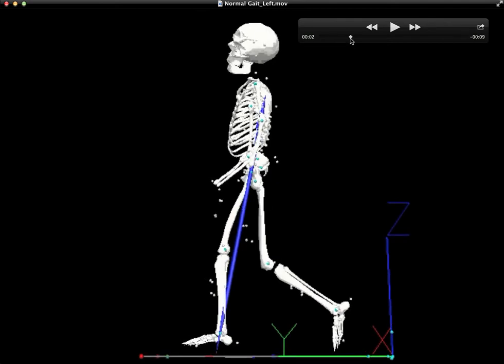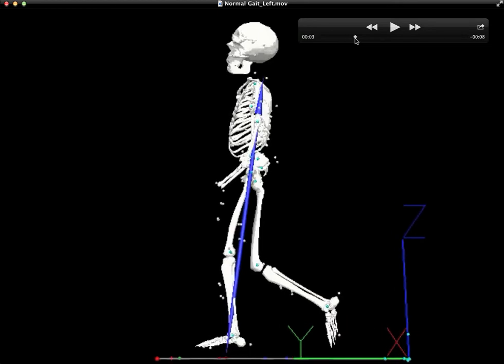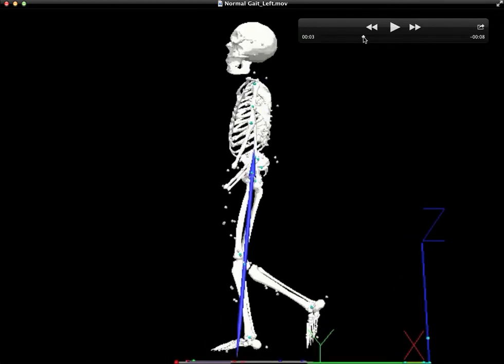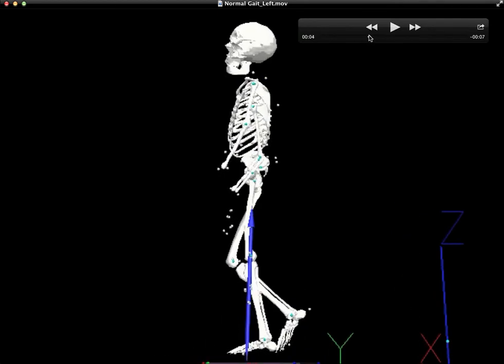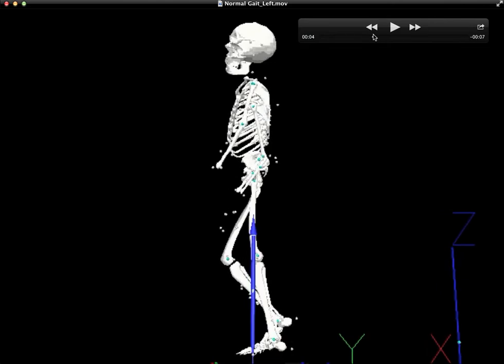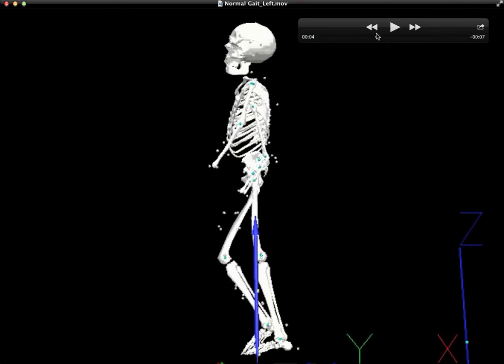Now the next point we're looking for is when the heel comes up. The heel starts to rise right in here, right about there somewhere. Essentially the heel really starts to come up just as the opposite limb passes in front of the stance limb, and that's right around 30% of the gait cycle.